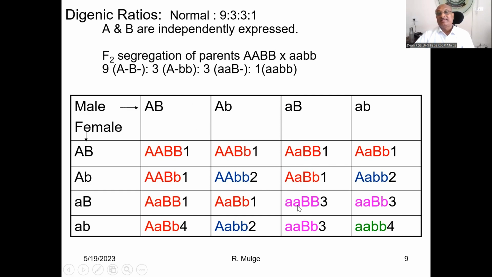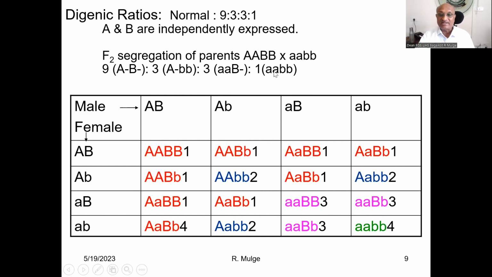The first gene is homozygous recessive here, here, and here, and the second gene is homozygous dominant, but since it is dominant, the heterozygous also has the same kind of phenotype. So 1, 2, 3 plants. That's why it is 3. The homozygous recessive for both genes gives another kind of phenotype. It is 1.